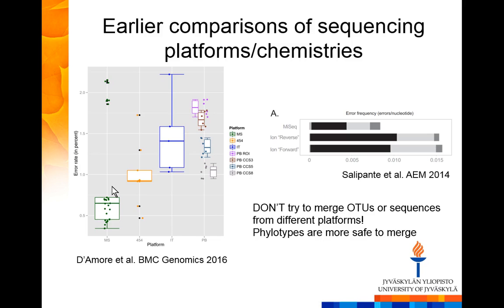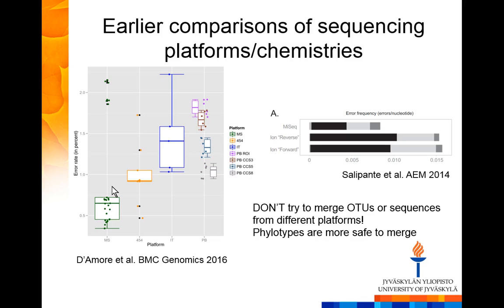Also, the Ion Torrent has different chemistries. It has developed a lot. These reports are with chemistries of Ion Torrent that I would call completely outdated, the early versions.